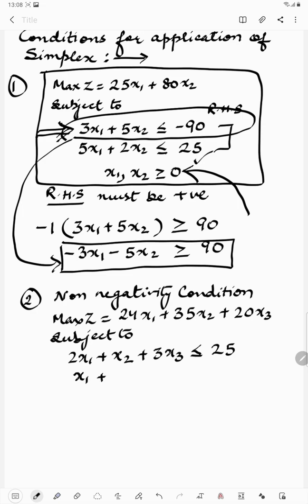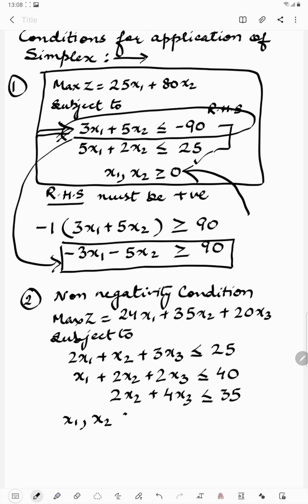Then x1 plus 2x2 plus 2x3 should be less than or equal to 40. And there is one more equation which says 2x2 plus 4x3 should be less than or equal to 35. Then the non-negativity condition says that x1, x2 are greater than or equal to 0 and x3 is unrestricted in sign.